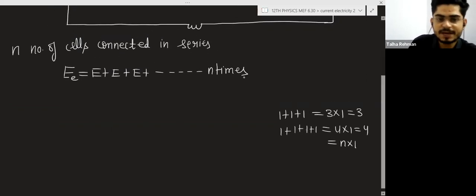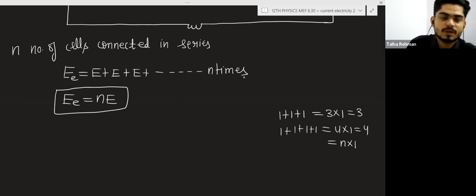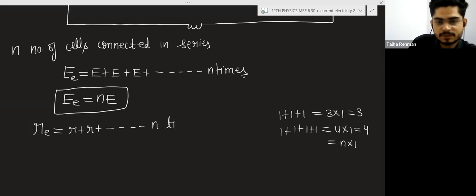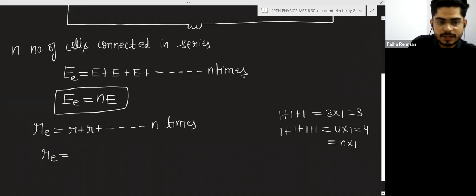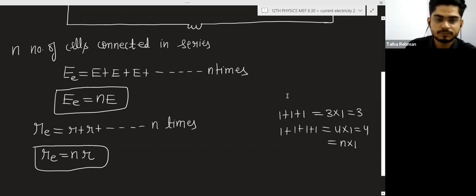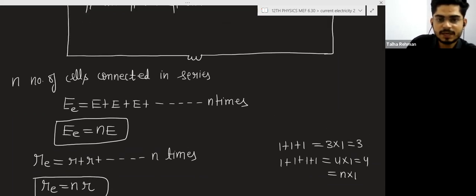In the same way, writing E n times gives n times E. The same is the answer for r equivalent: adding r n times, you will get n times small r. And this is the capital R resistance.